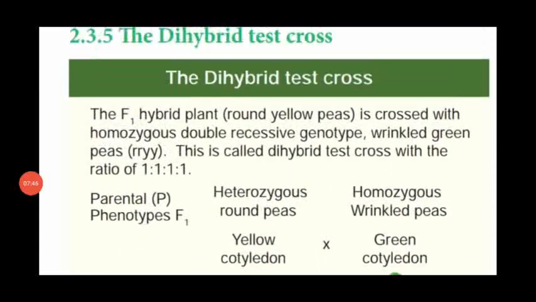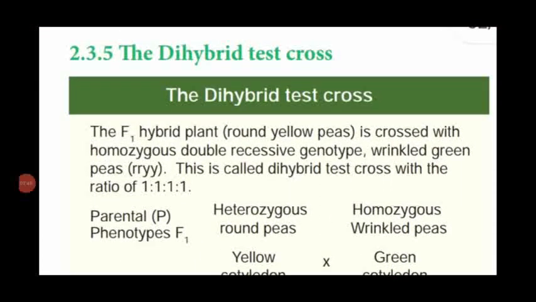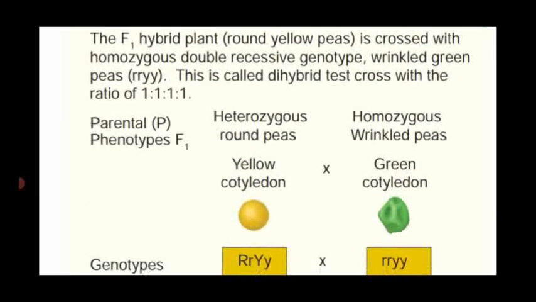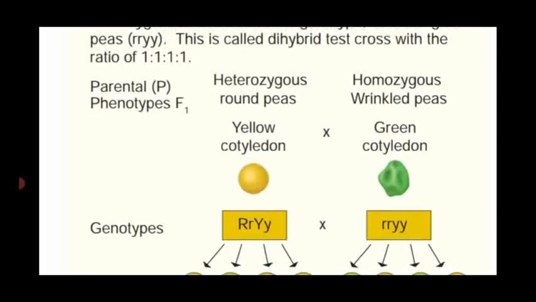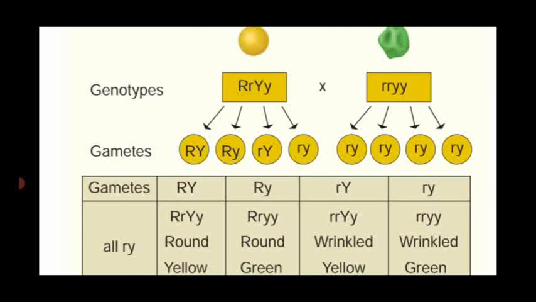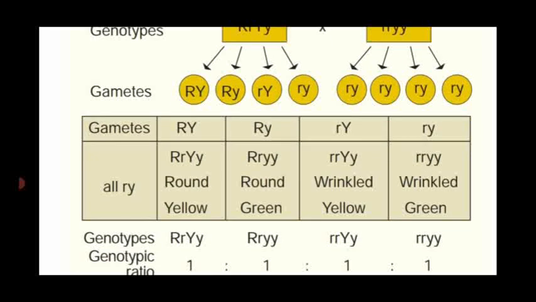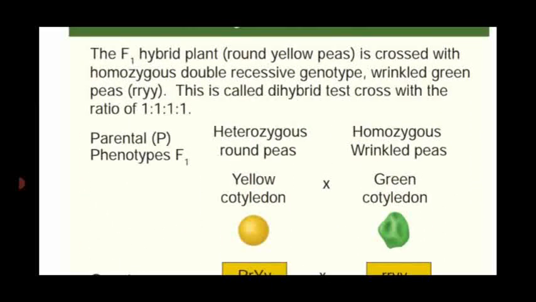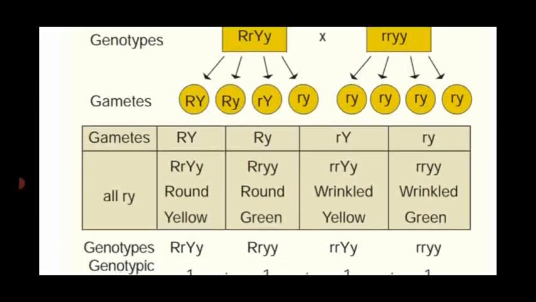Dear students, this is the flow chart showing the dihybrid test cross. The heterozygous round pea in the F1 generation is crossed with the recessive parent, homozygous wrinkled pea. We get different gametes, 8 gametes, 4 from the female parent and 4 from the male parent.